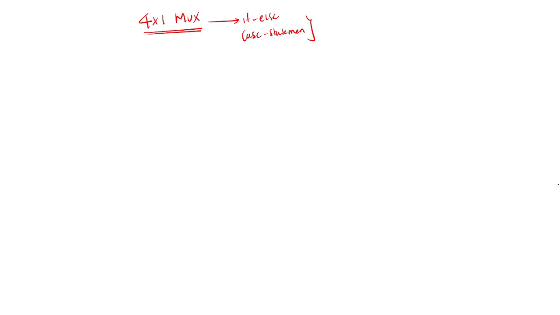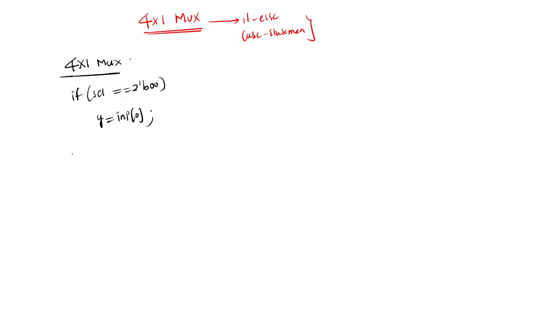Same thing, you need to initialize the module. So 4 cross 1 mux using if else statement. If selection equal to 2 tick binary 0 0, which is connected, y equal to inp of 0.